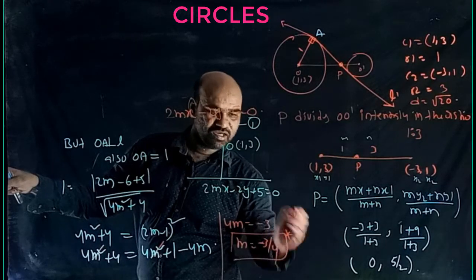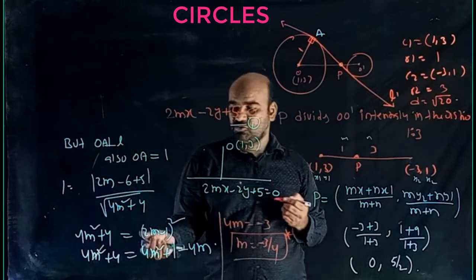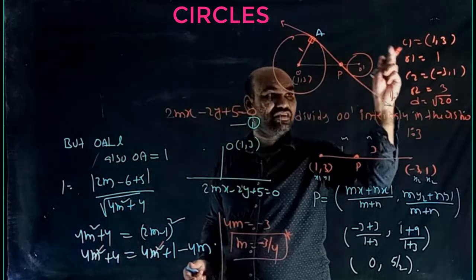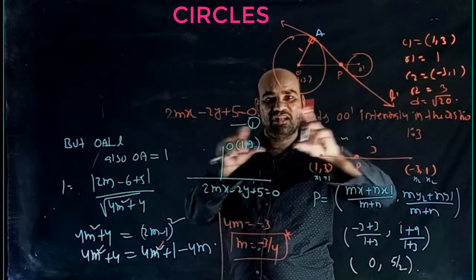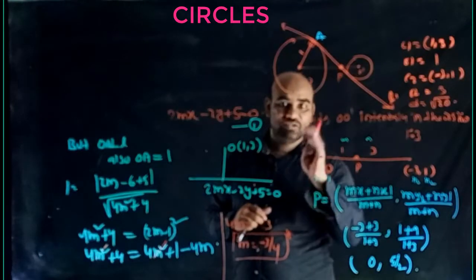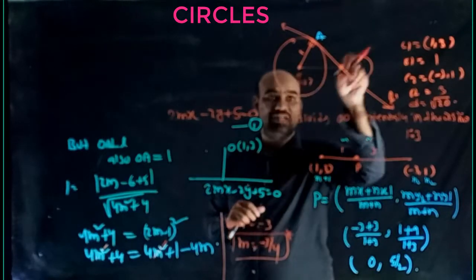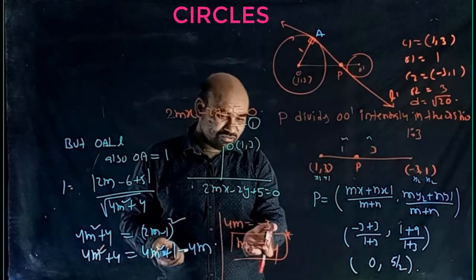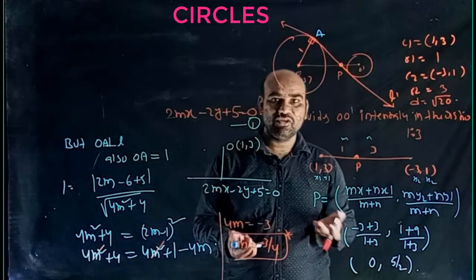Here is an important note: actually you should get two m values. According to the given information, the circles do not touch each other, so there exist 4 common tangents, 2 transversal and 2 direct. But here you are getting only one m, which means only one tangent.